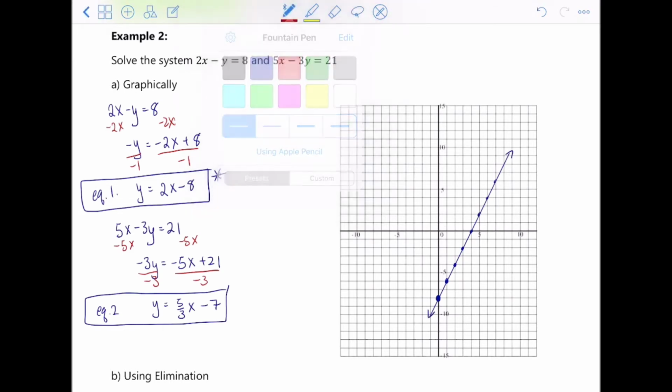In red, I will graph the second line. The y-intercept is -7, so we'll start right here and we go up by 5 and 3 to the right. Up by 5: 1, 2, 3, 4, 5. Okay, we already see an intersection here. I'll do one more point.